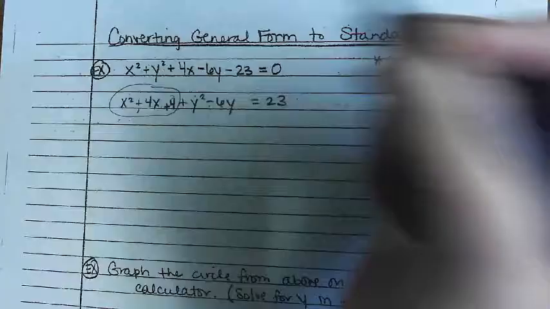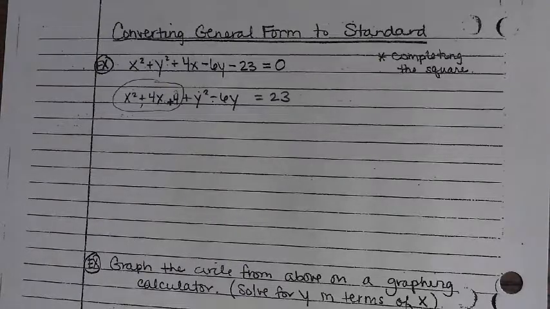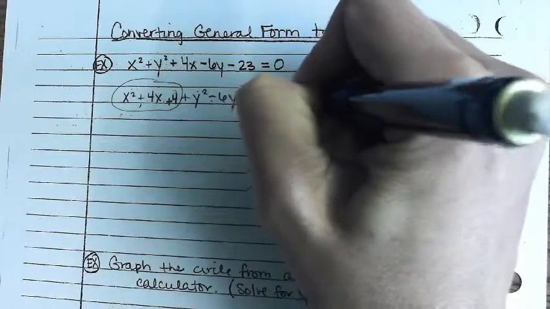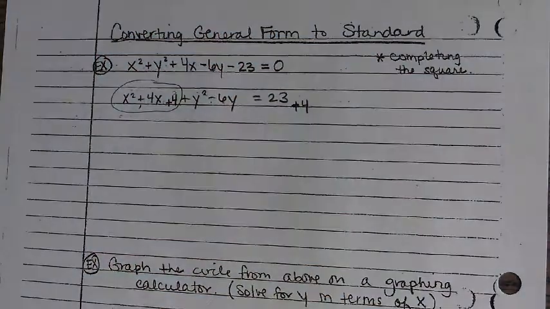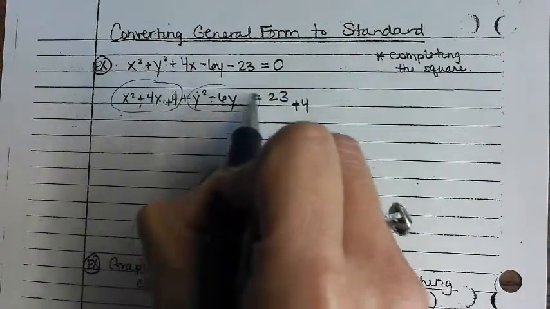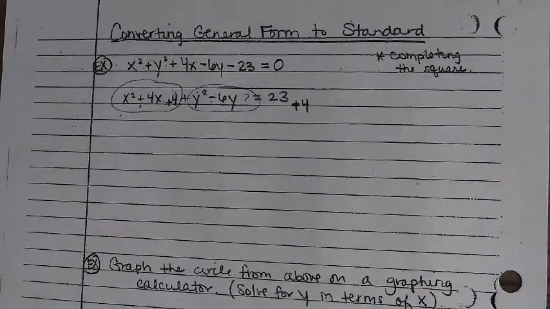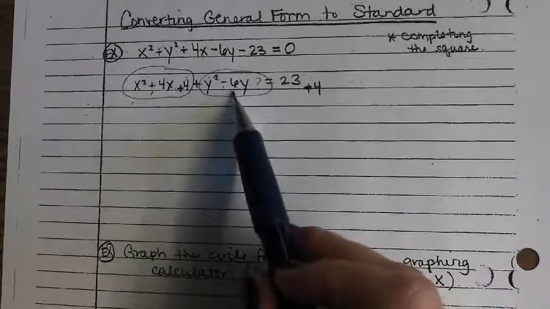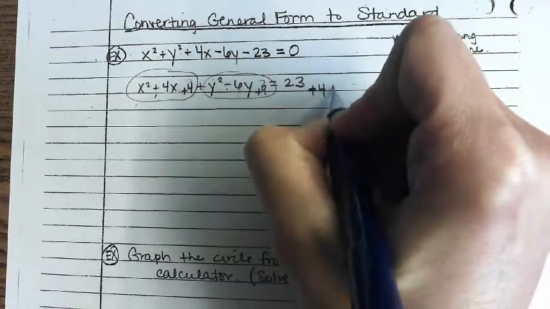So you're going to add a 4 in there on the left side of the equation, but like anything, you can't add something to the left without adding something to the right. And on your y trinomial, what's our magic number, Mackenzie? 9. Half of negative 6 is negative 3. Negative 3 squared is a 9. So add 9, add 9.